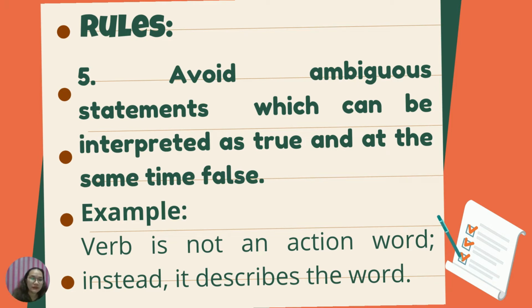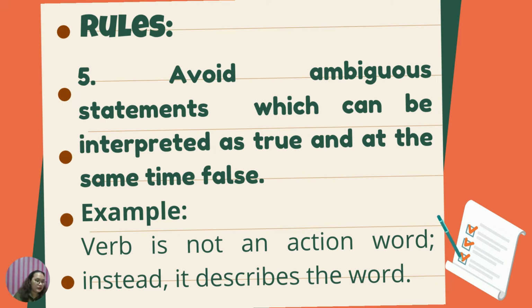Let's have an example. Verb is not an action word. Instead, it describes a word. If you look at the statement example, automatically we know that verb is an action word. Right? It is a cliche that we know that a verb is an action word.